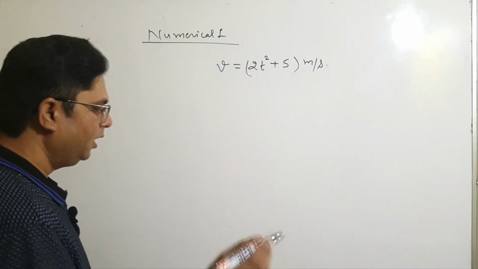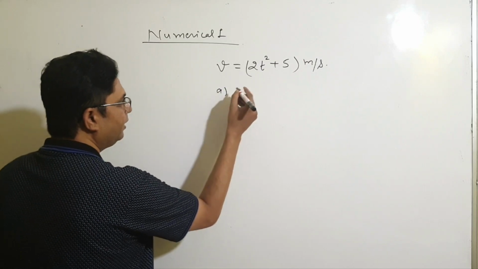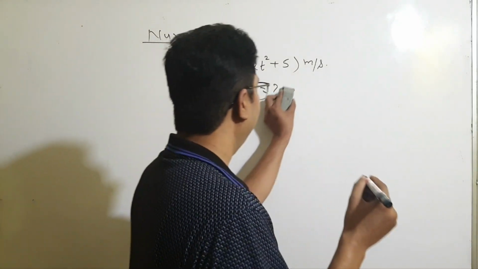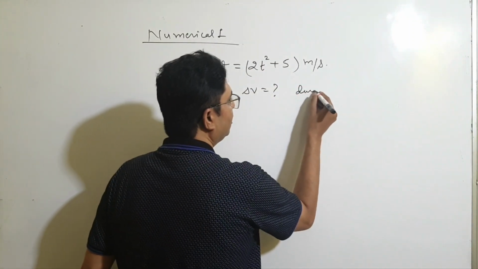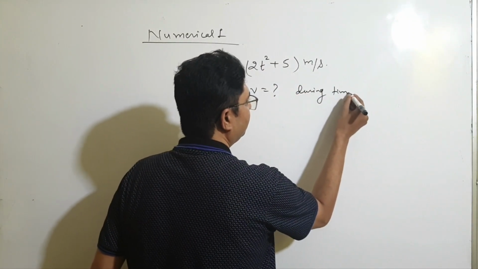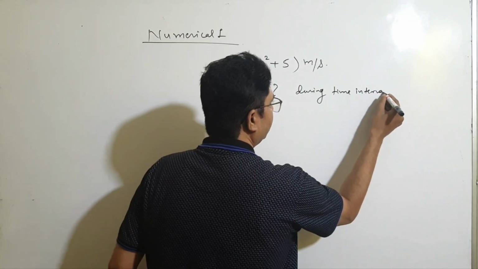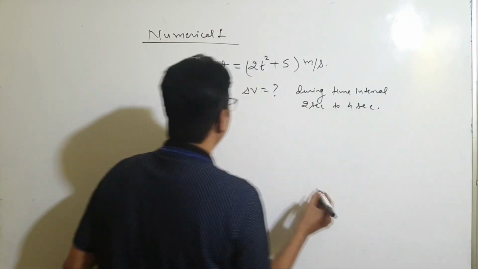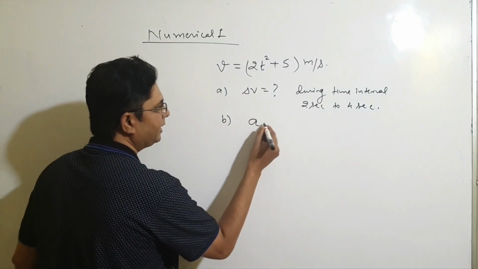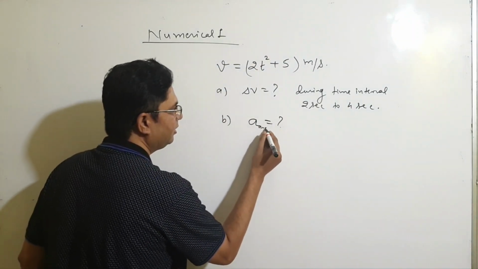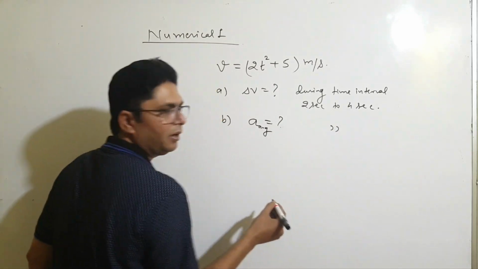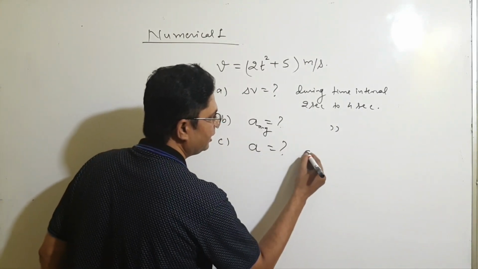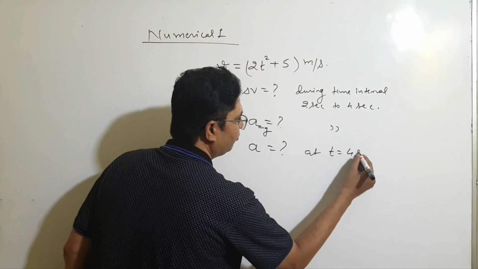You have to find: a, the change in velocity delta v during the time interval 2 second to 4 second; b, the average acceleration during the same time; c, the instantaneous acceleration at t equal to 4 second.